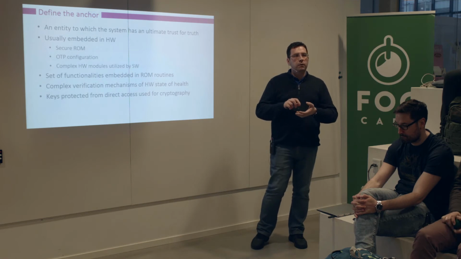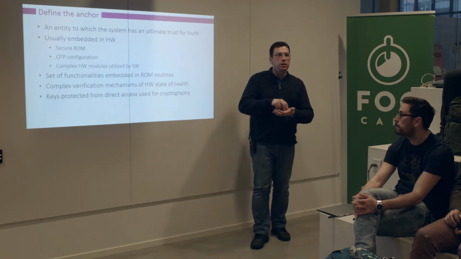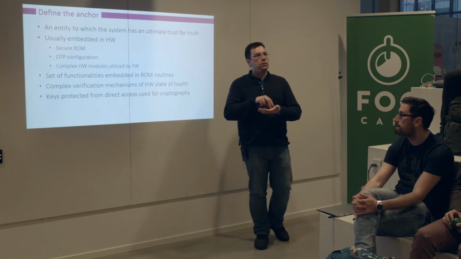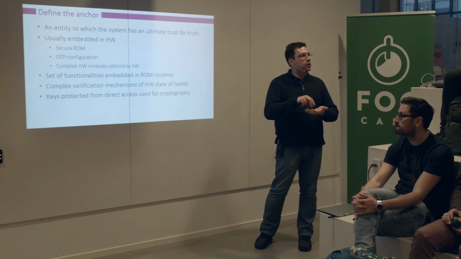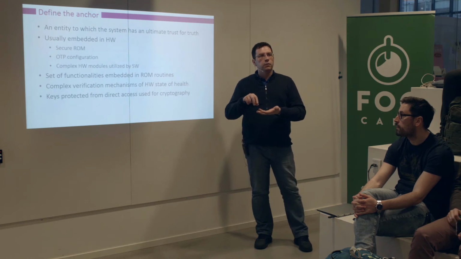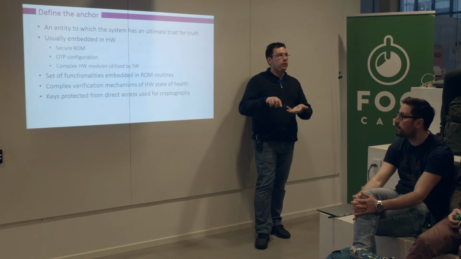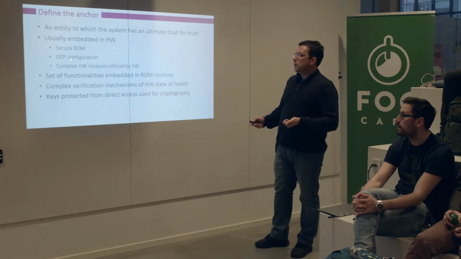Therefore we believe that on a system, the secure ROM, which is part of the system-on-chip device, is an anchor of trust, because it is not easily modifiable. Or if it is modified, then it is easy to detect that there was tampering of the ROM code, which will make the system hang and not continue to boot properly, and not expose data whenever later on the system is up and running. So we rely on secure ROM, OTP configuration.